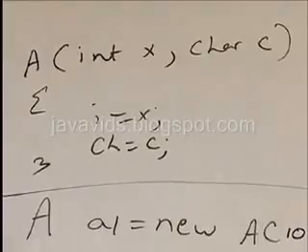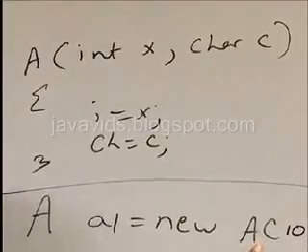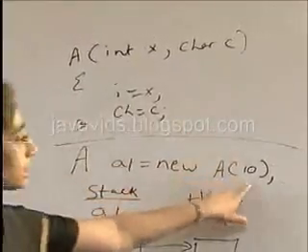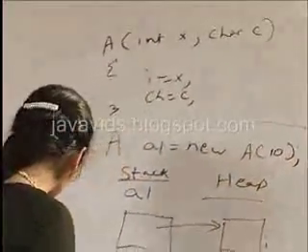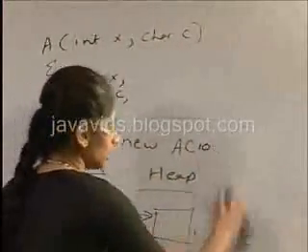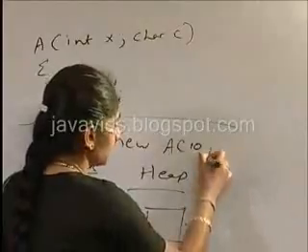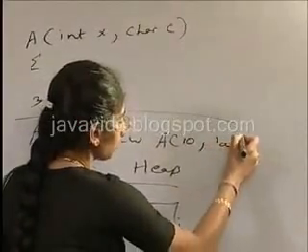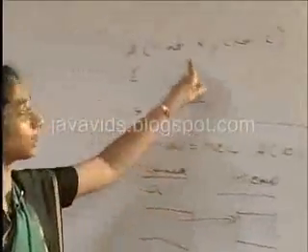Either by passing an int value while you are creating an instance, or by passing an int comma the character value. So depending on the type of parameters that you are passing when you create an instance of a class, the appropriate constructor will be called.